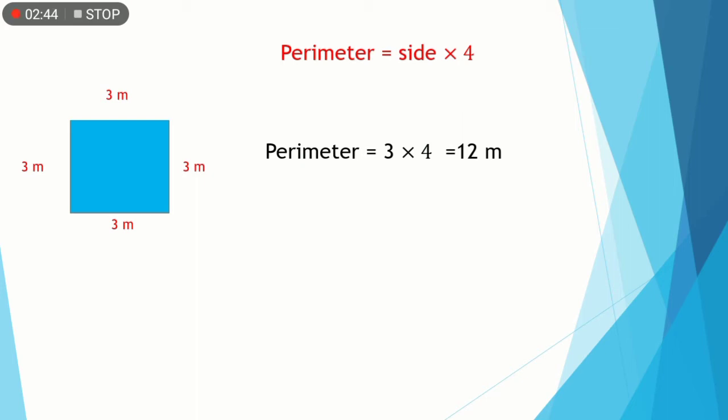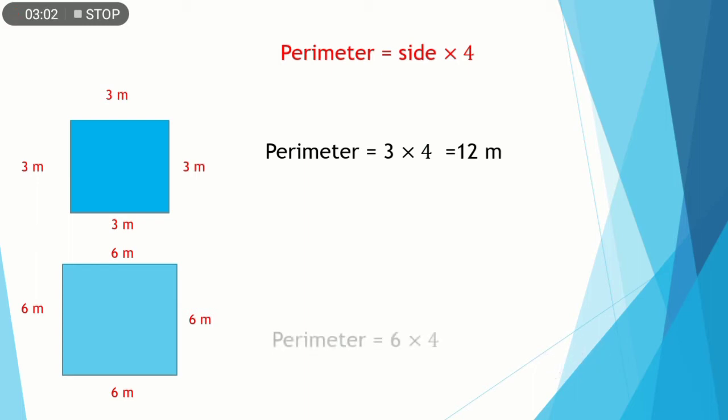The next one: 6 meters on each side. I have a square, each side equals 6 meters. How can I get the perimeter? Perimeter equals side times 4. 6 times 4 equals 24 meters.